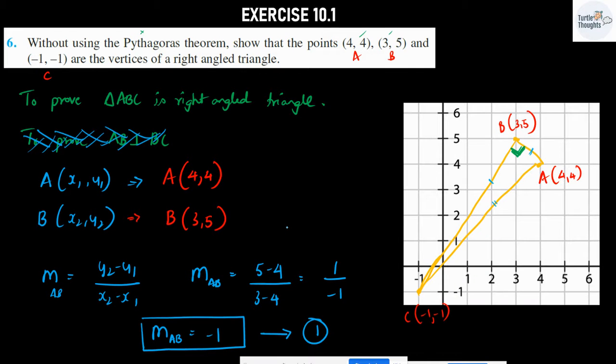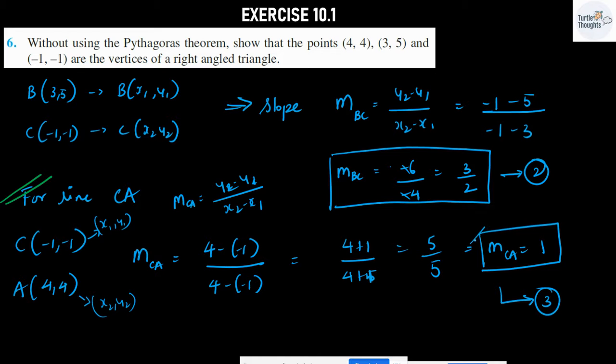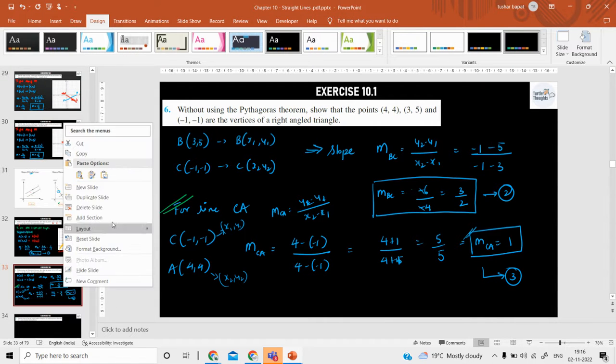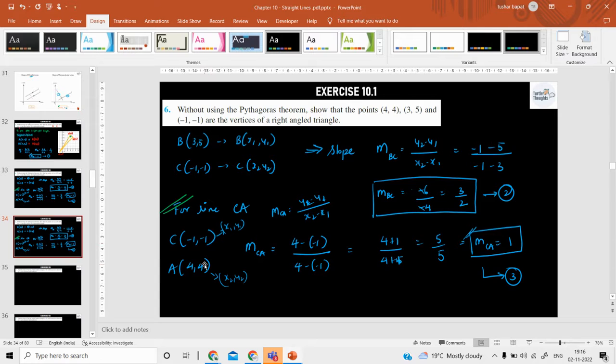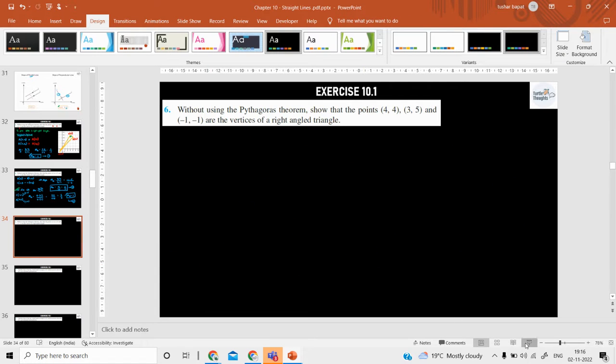Now, which slope, if I multiply, I will be getting minus 1? Will I be getting minus 1 if I multiply the slope of AB with slope of CA? Yes. So I will be doing the same.